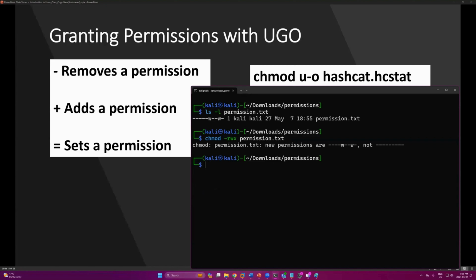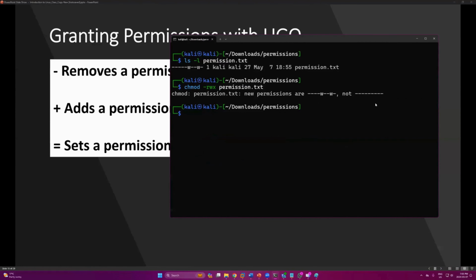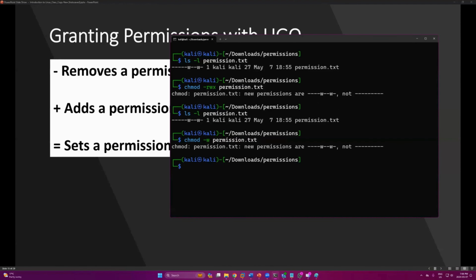New permissions are write and write, not that. I am not sure why it's not deleting all of them. But okay, so right now we have write and write. So if I want to remove these two, I should be using minus write. I guess it's not letting me remove all the permissions.